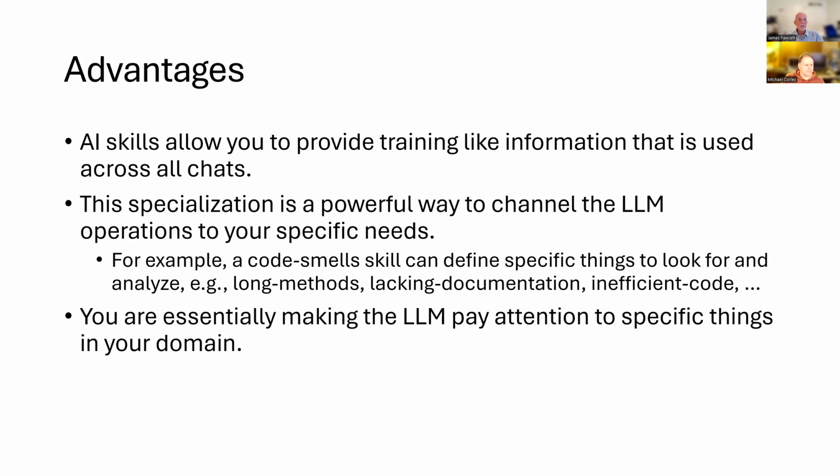My mental model of AI skills is that it's like you're training the LLM in your particular area. It's not genuine training, but it's training by giving it the prompt and putting it into its local context. That's a powerful way to channel the LLM.